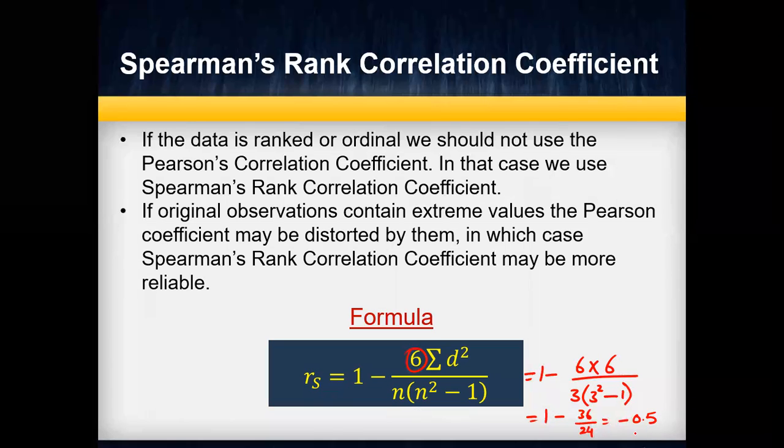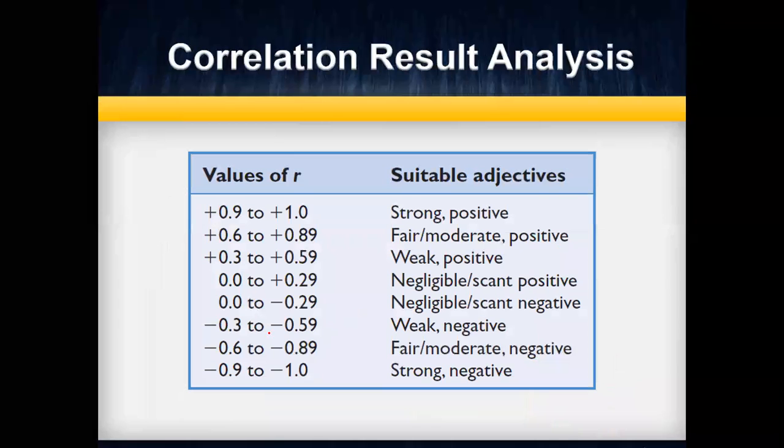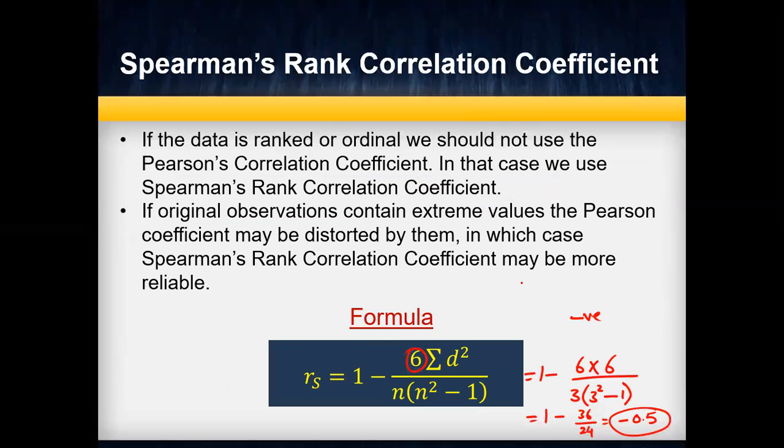Here you can see that it is negative. So two things that you get here: there is a negative relationship between the quiz in the quantitative course and the finance course, and the relationship is weak because, if you see the table, 0.5 falls in this range, so it is a weak negative relationship.